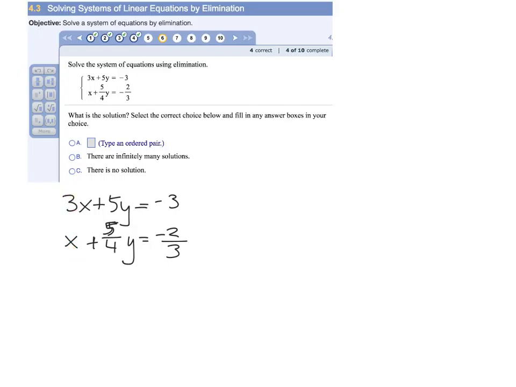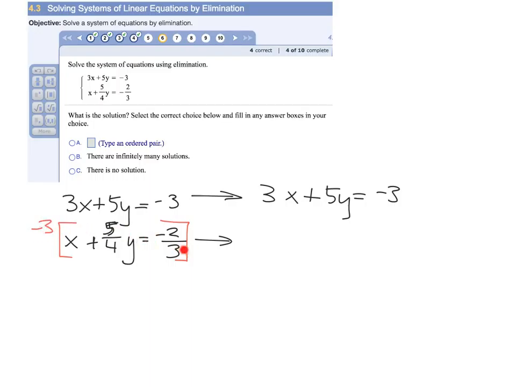So I'm going to bring this guy over, just leave him alone, 3x plus 5y equals negative 3. But then right here, this guy, I'm going to multiply everything, both sides, by negative 3. And that's going to force us to suddenly have opposites.